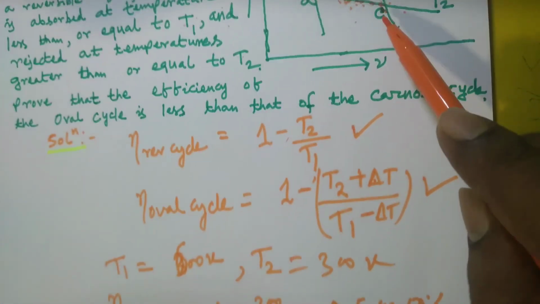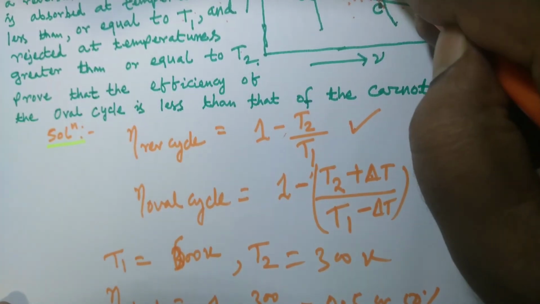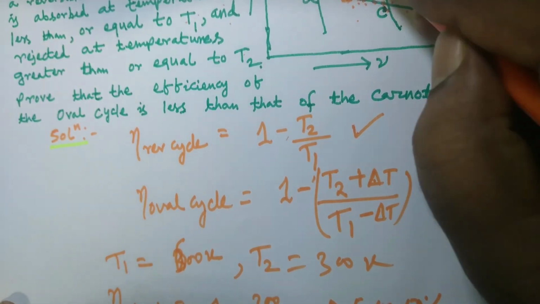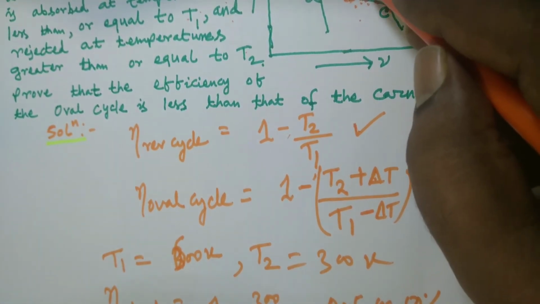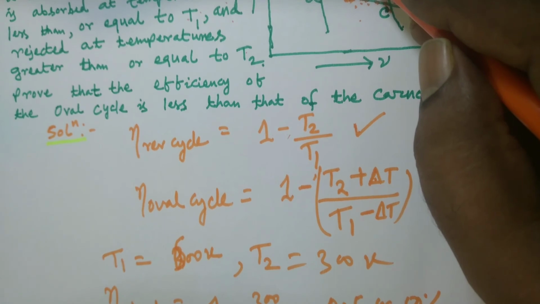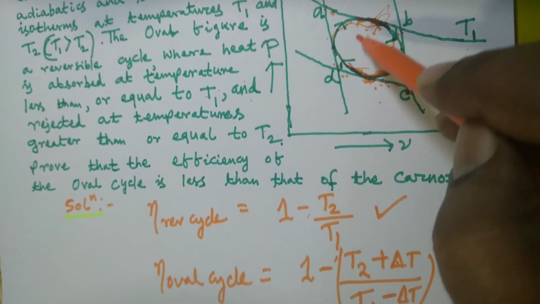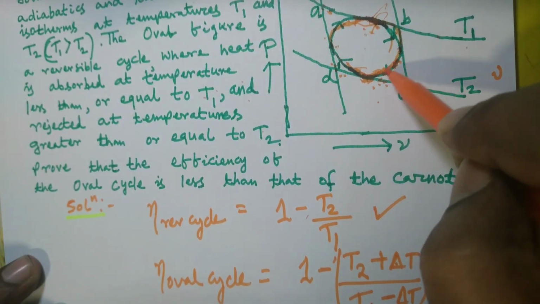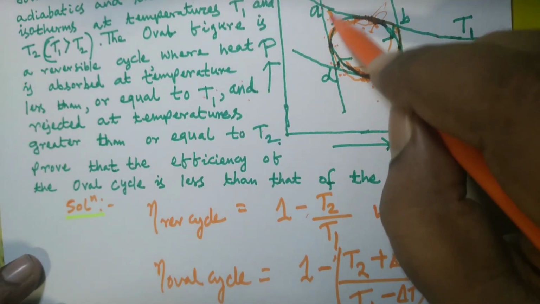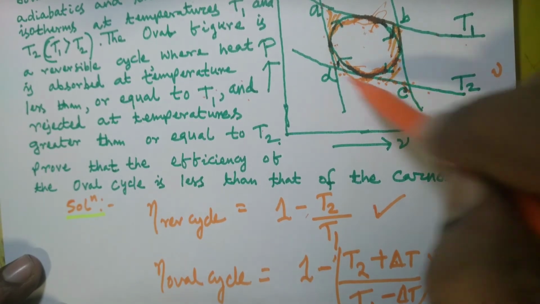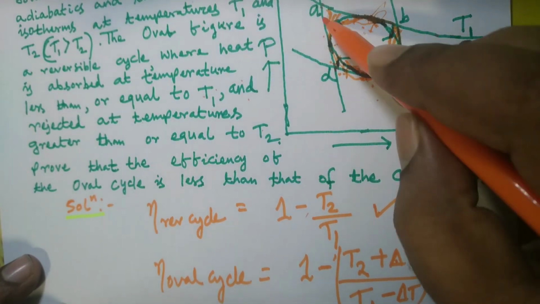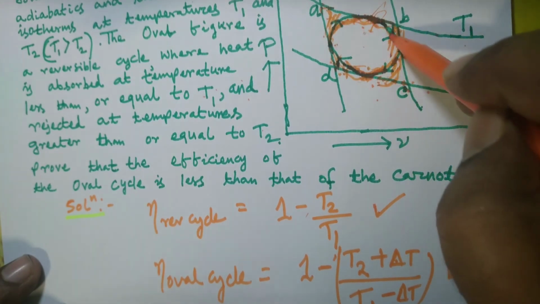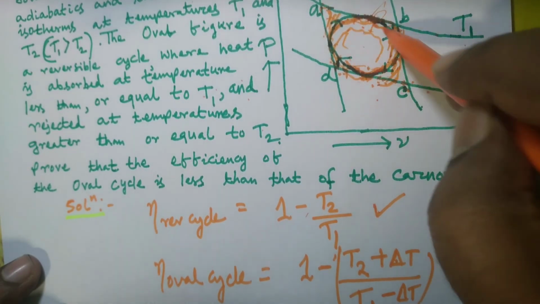Supposing that during this part of the cycle the temperature remains constant, here also the temperature remains constant, and suppose heat addition takes place at the same temperature in both cases, then obviously this area represents the included area. This total included area represents net work output, and for cycle ABCD this is the total included area, but for the oval cycle this one is the included area.